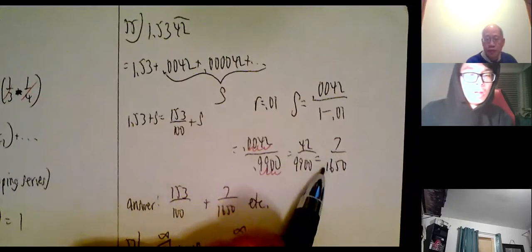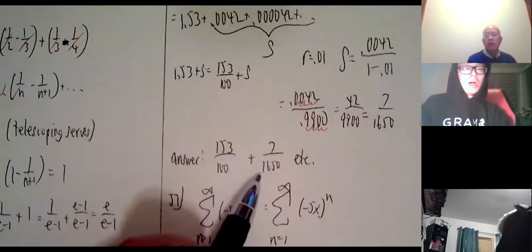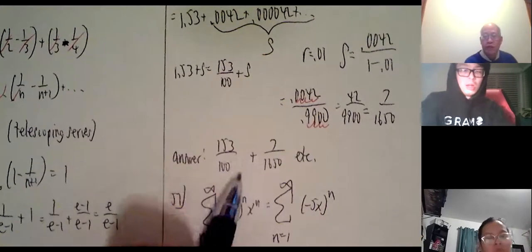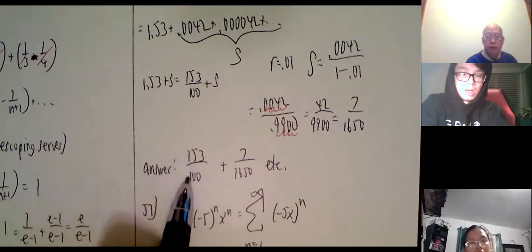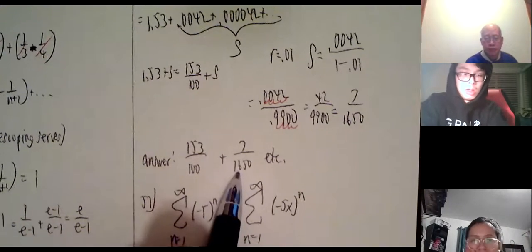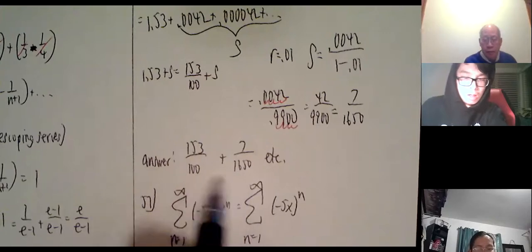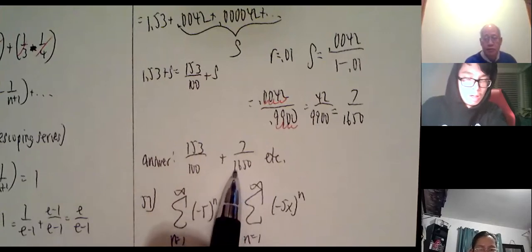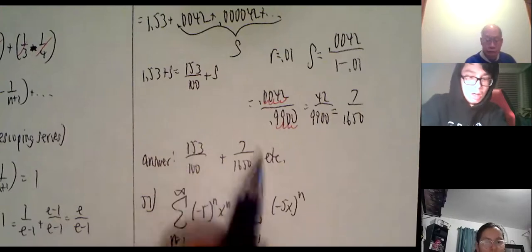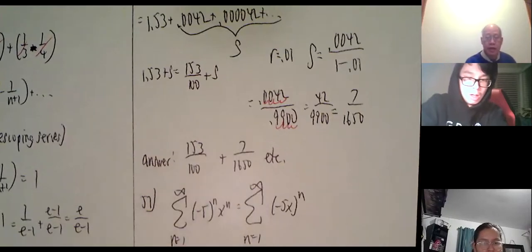So 7 over 1650. So the final answer is 153 over 100 plus 7 over 1650. That's just arithmetic. I'll let you work on that. Looks like the common denominator will be, I don't know, 16500, but that's just arithmetic. You figure the rest of that out.